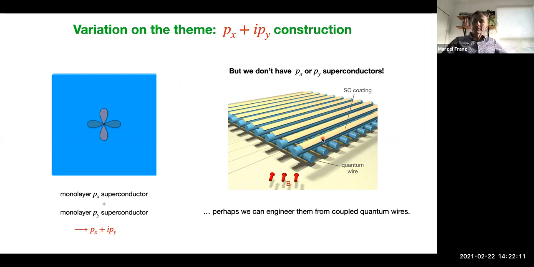This is maybe too optimistic, but basically, if you have an array of these one-dimensional quantum wires, each of them a one-dimensional p-wave superconductor, you can naturally couple them weakly and create a two-dimensional px superconductor, for instance, and then you can think of completing this construction. This proposal is a little bit more far out there because even the first step has not really been done, but in principle, this is doable.